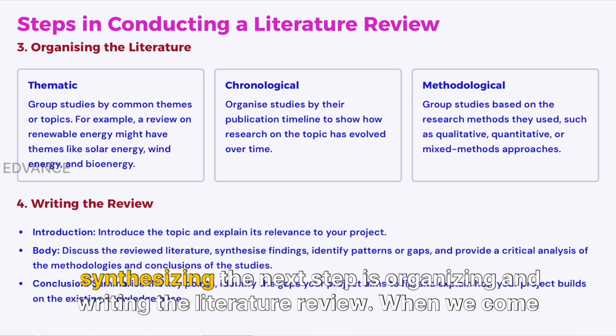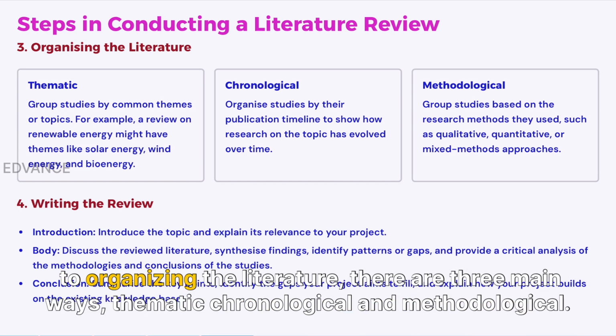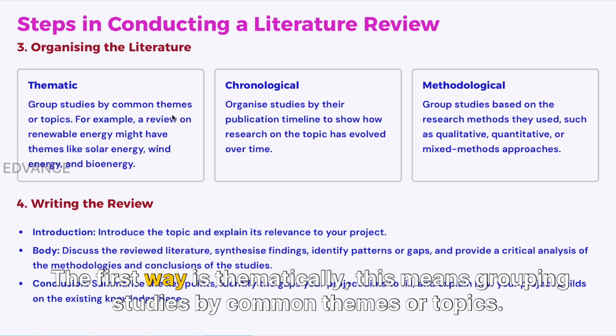After collecting and synthesizing, the next step is organizing and writing the literature review. When we come to organizing the literature, there are three main ways: thematic, chronological, and methodological. The first way is thematically. This means grouping studies by common themes or topics.